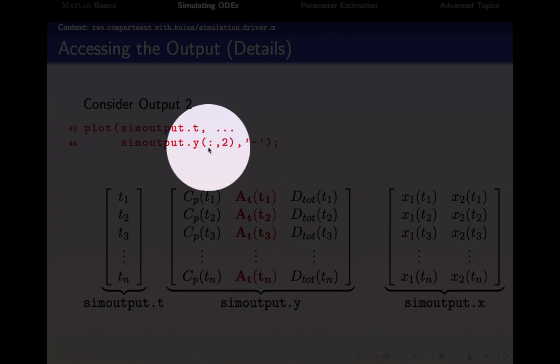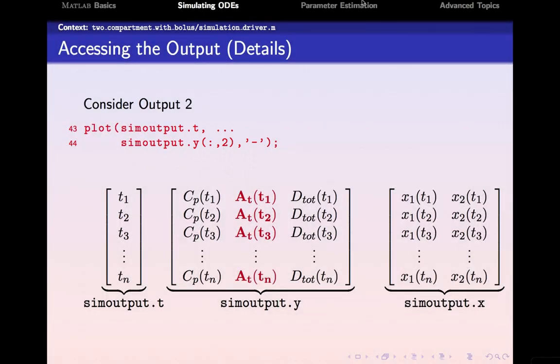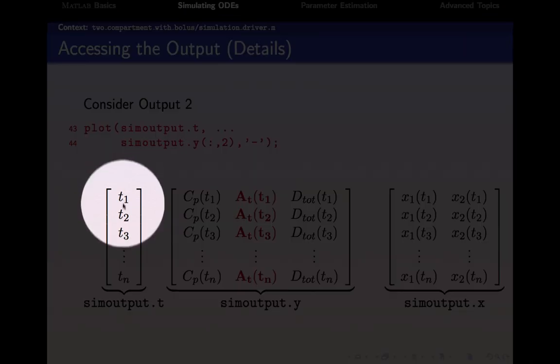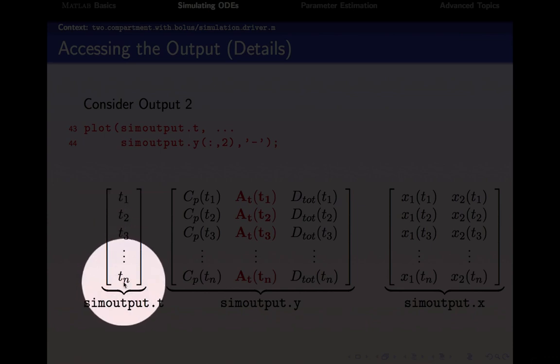This says that I want to plot all rows. Now keep in mind that the rows in y correspond to the rows in t, and that I want to plot output 2. So if we were to look at the contents of these different fields, we would see that t is a column vector, and in this case n is going to be 1,000 because we said we wanted 1,000 different increments.